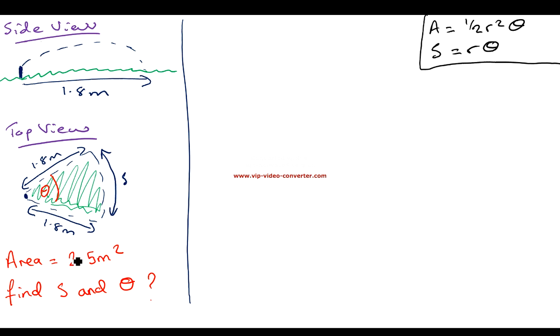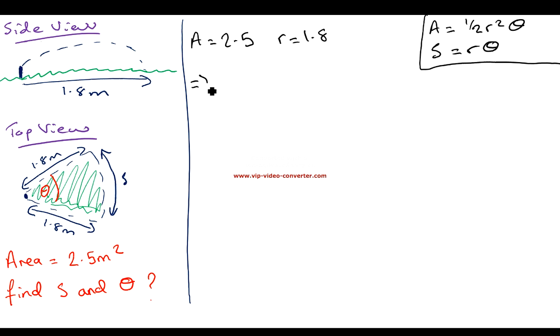We're told that area is 2.5 meters squared, and we want to find what angle that needs to be to spray a catchment area of grass of 2.5 meters squared. So we'll do that first, and then we'll look at s. For theta, we'll use the first equation, area equals a half r squared theta. We know A equals 2.5, and we know r equals 1.8 meters.